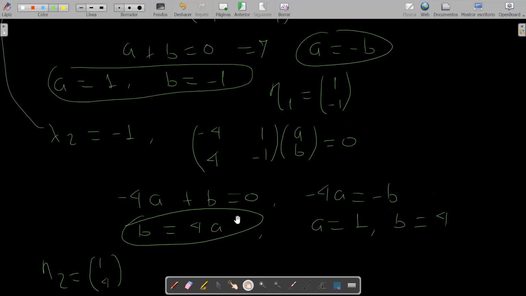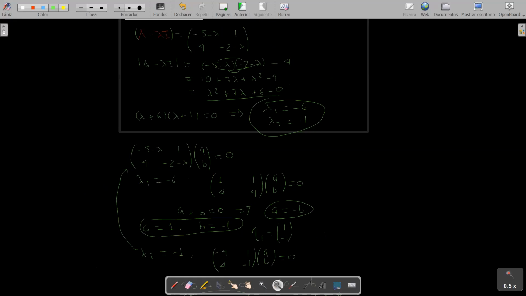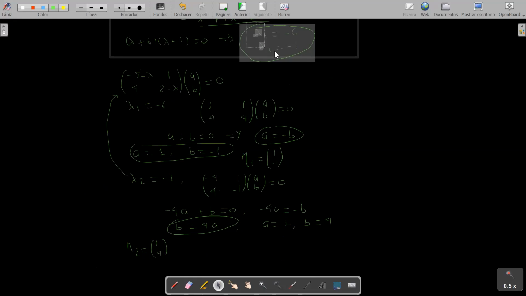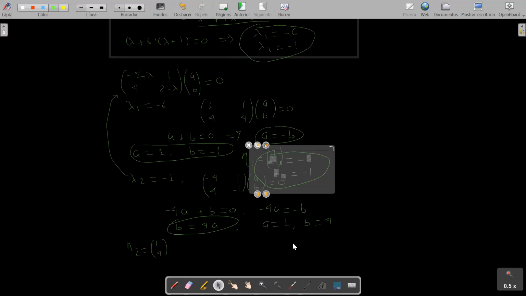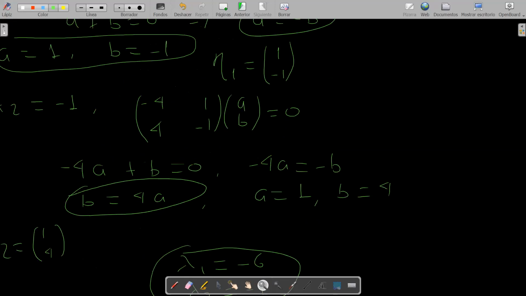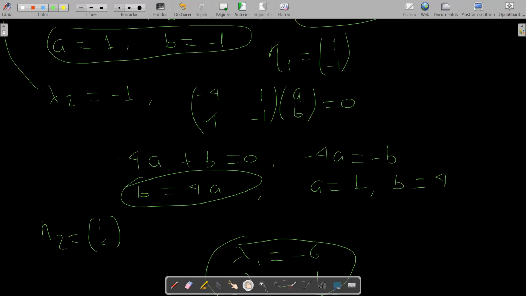So we have our two eigenvalues over here, and our two eigenvectors.